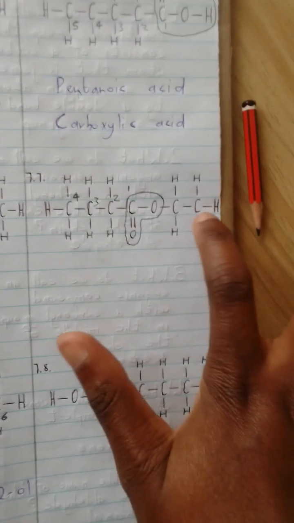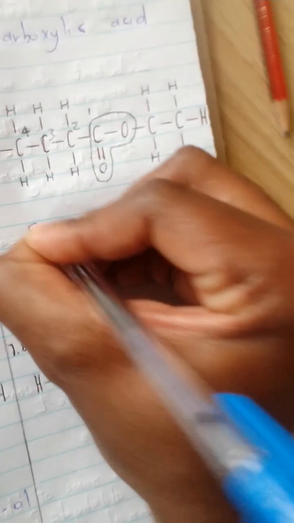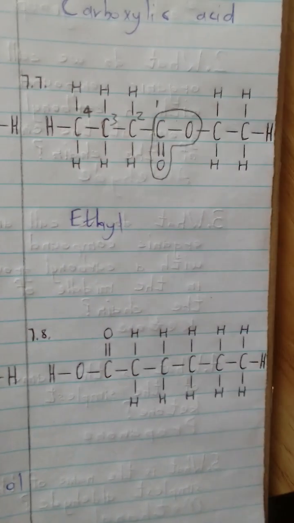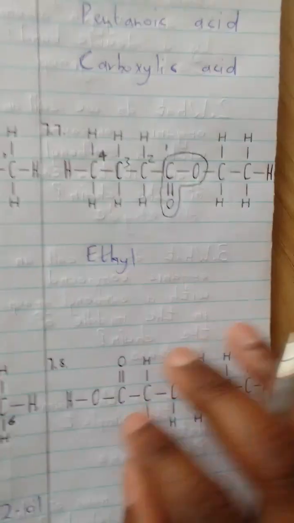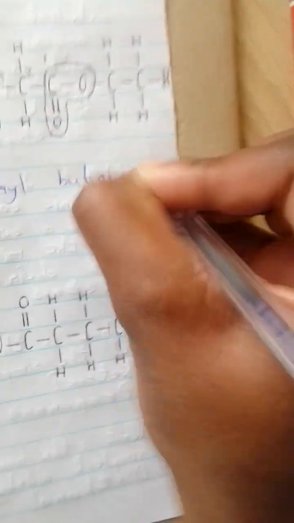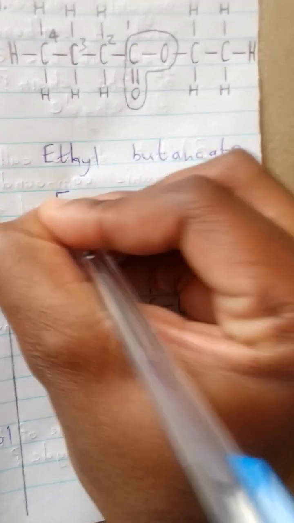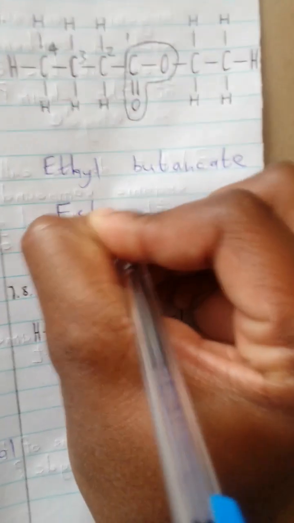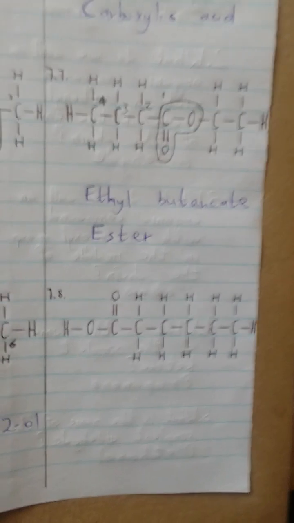Now meth, eth. So you're going to start with ethyl, right? And then ethyl butanoate. I hope that makes sense. Ethyl butanoate is an ester. Okay, I hope that makes sense.